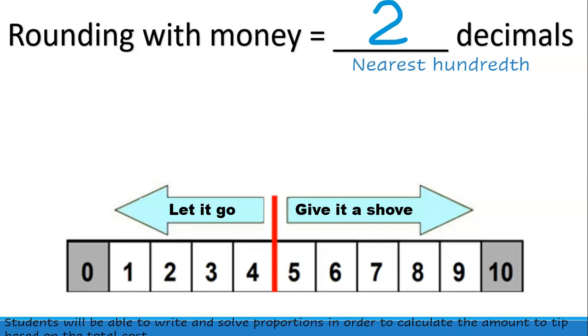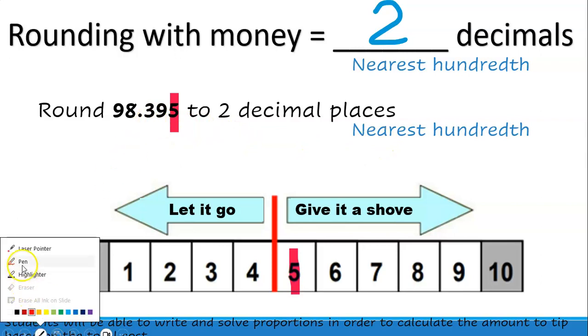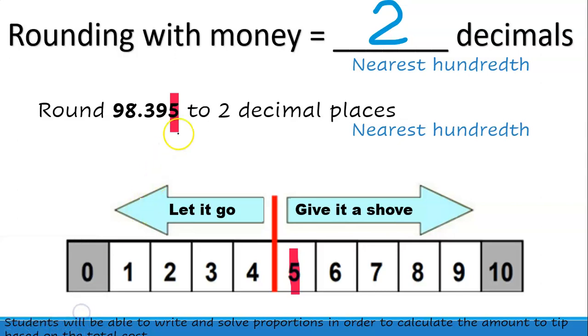And one final one. If we're rounding 98 and 395 thousandths to the nearest hundredth, or to 2 decimal places, we're going to look at that 5. That's 5 and above, we give it a shove, which means this 9 is going to get bumped up to be a 10. So there's a 0 here, and a 1 gets carried. So now we have 1 plus 3, which gives us 4.